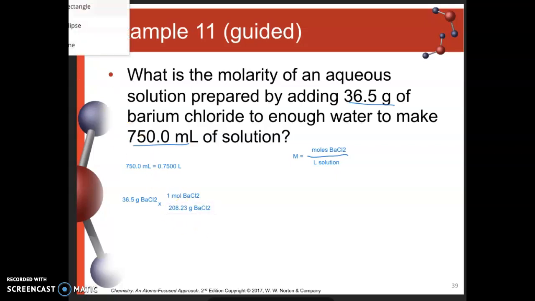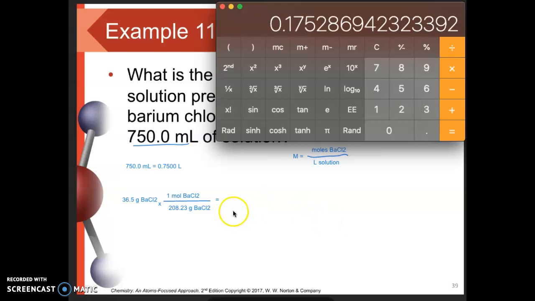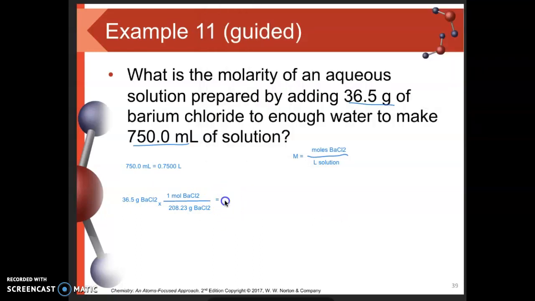And so, my calculator out again. 36.5 divided by 208.23, and to three significant figures, I get 0.175 moles. Now to find molarity, I need to do that ratio.